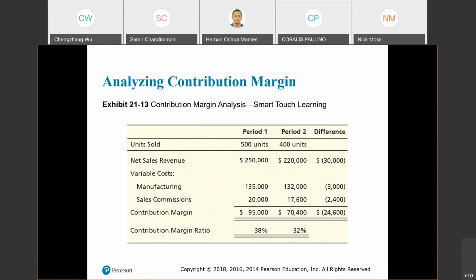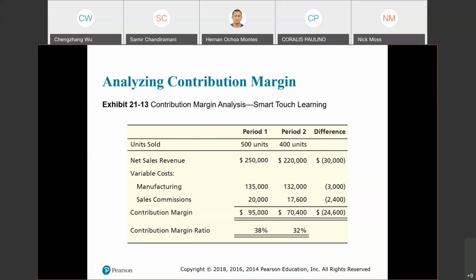Okay, in this discussion on profitability analysis, we analyzed the effects of sales mix on profitability. But now, let's look at the effects of changes in sales volume, changes in sales price per unit, and variable cost per unit, using a new scenario of this company.